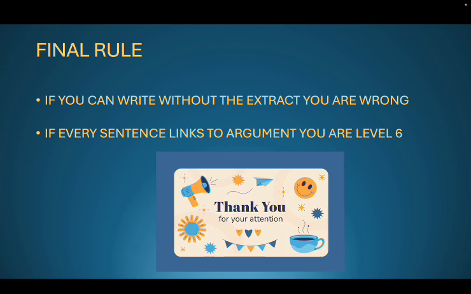This paper tests how well you can meet the criteria of the mark scheme and what the examiner is looking for. So if every sentence in the whole extract links back to the historian's argument, if at all times I can know while reading your paper that it is linking back to the historian's argument, then your exam script is level 6.